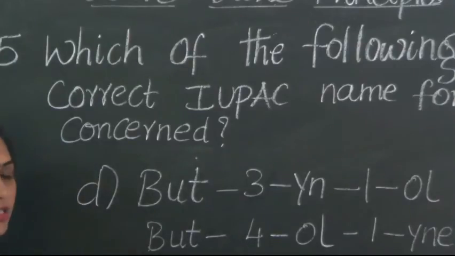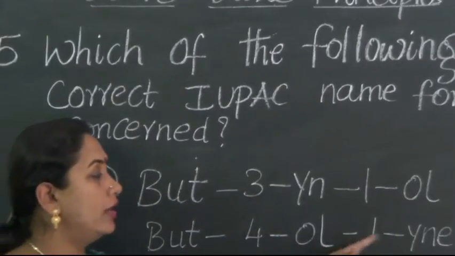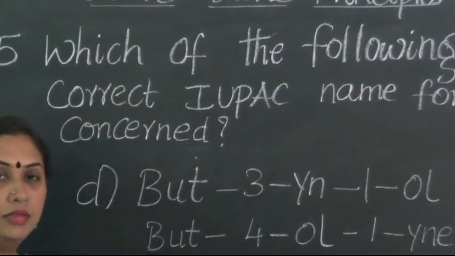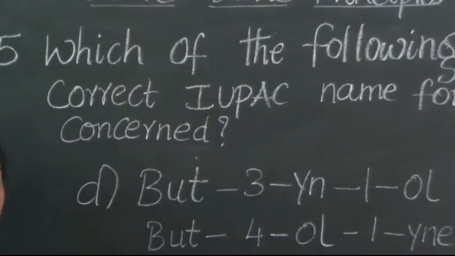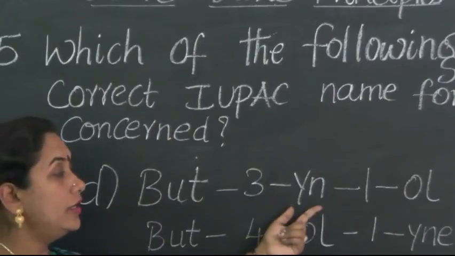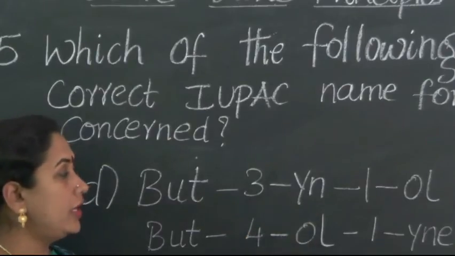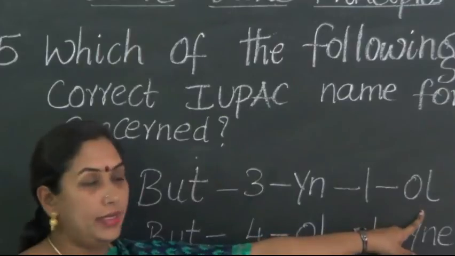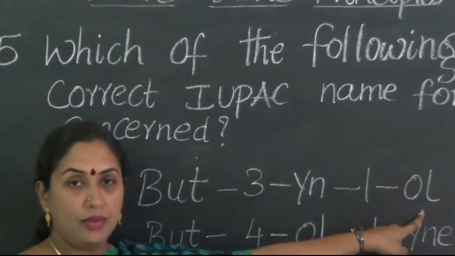Now look at this structure. But-4-ol-1-yne. Now which one of them would be the correct name? Here, yne is the primary suffix and ol is the secondary suffix.